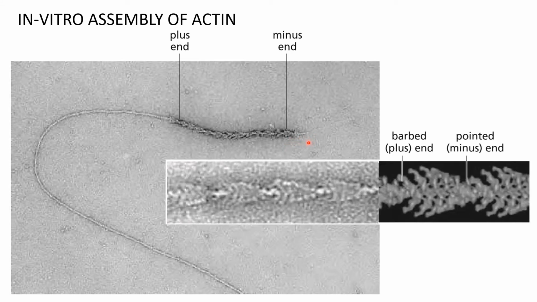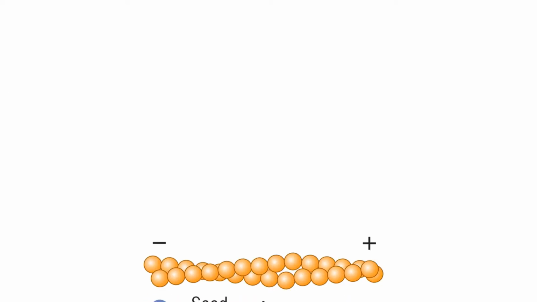This is quite different from microtubules, which strictly extend at the plus end, with nothing really happening at the minus end. But in actin filaments, there is a bit of extension even at the minus end.